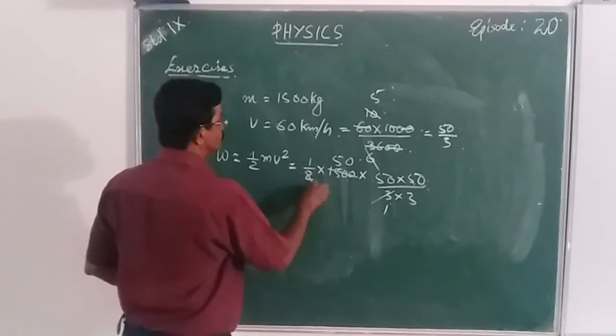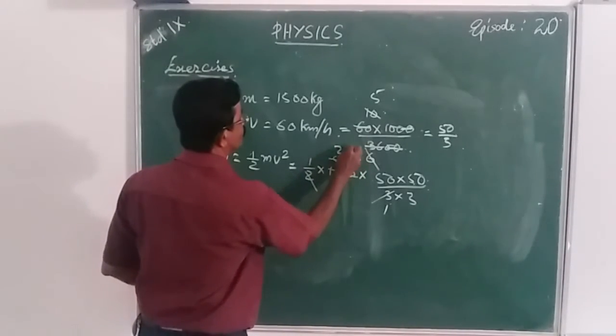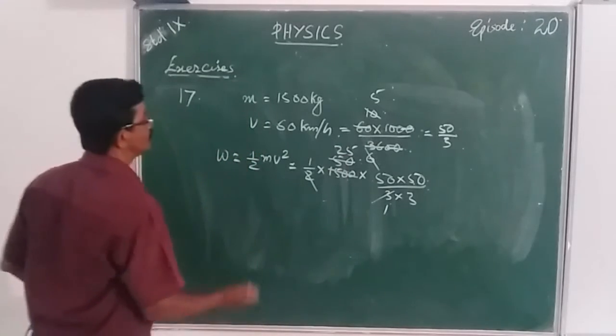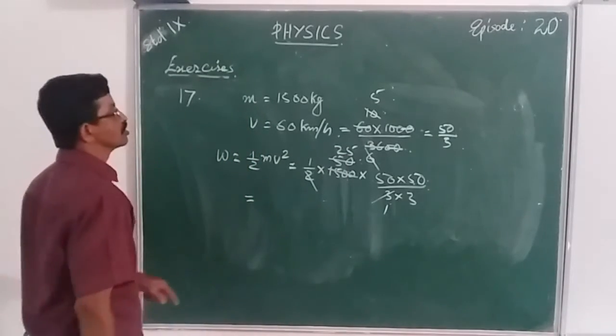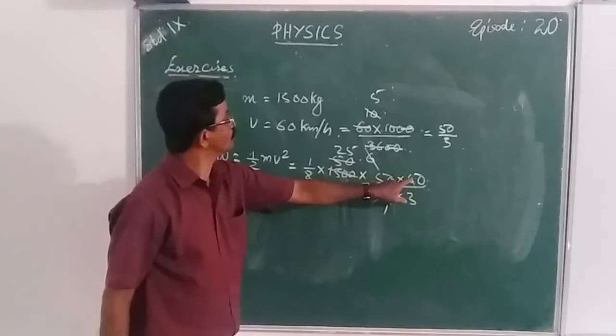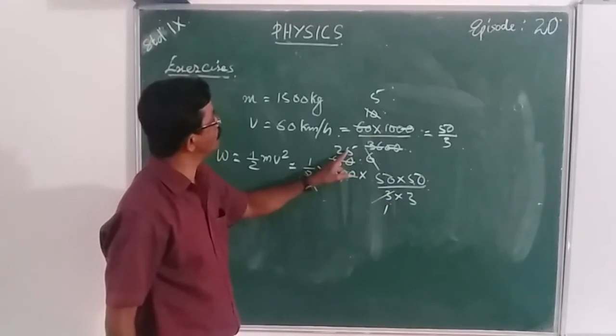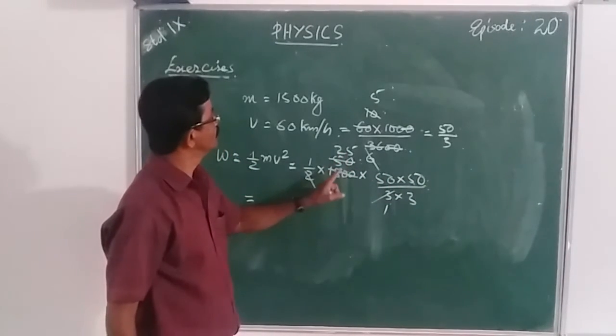Now, 25. See, 5 times 5 is 25. 25 into 25, how much will come?